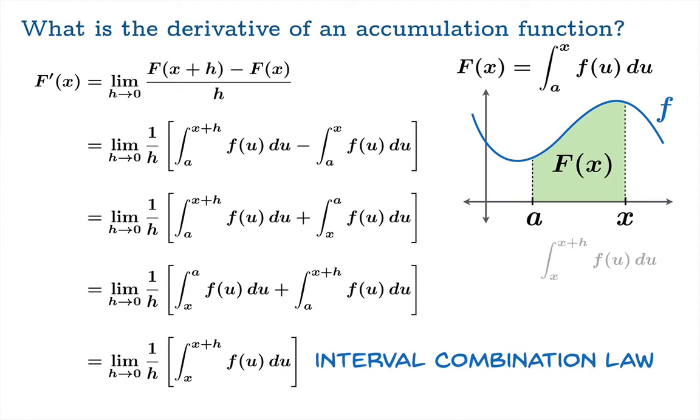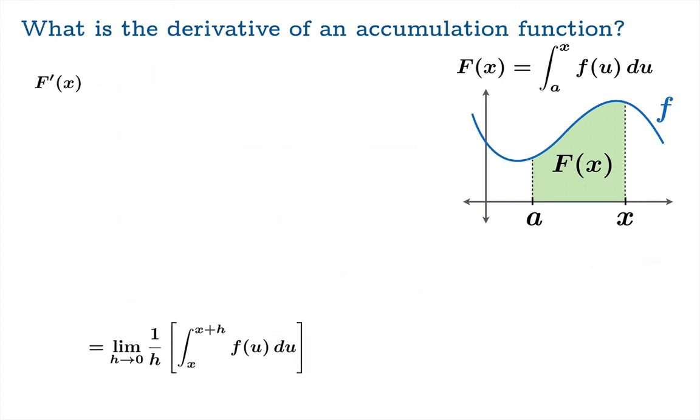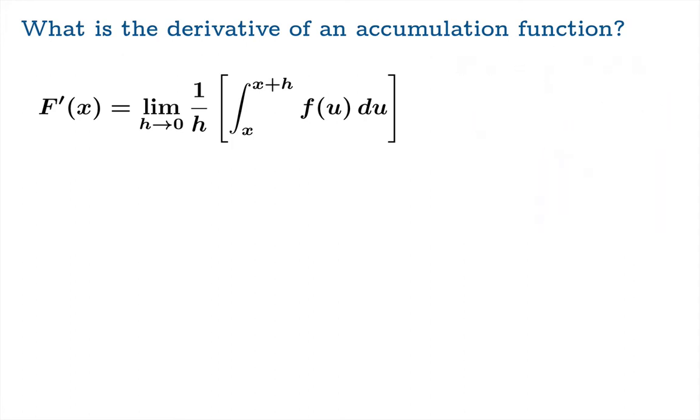So that's an interval combination law in action. And so what we see then is that the expression we expected is in fact the simplification of F of x plus h minus F of x. So here is a much simpler version of our formula for the derivative. And now we want to understand what this limit is.